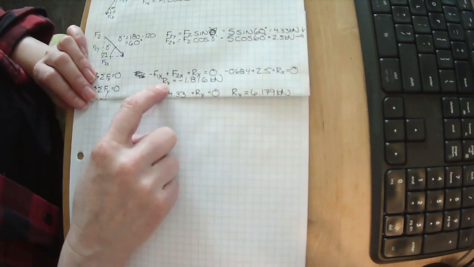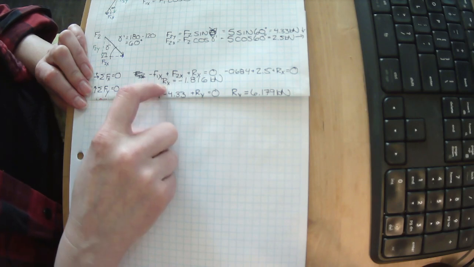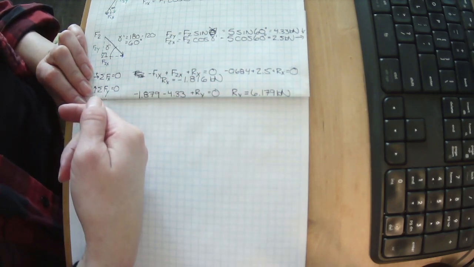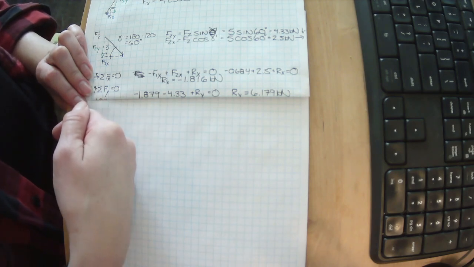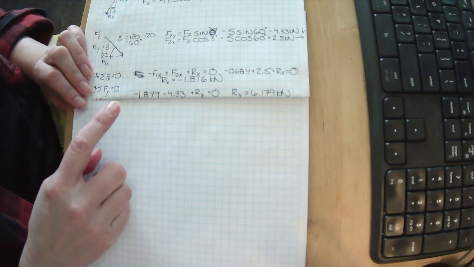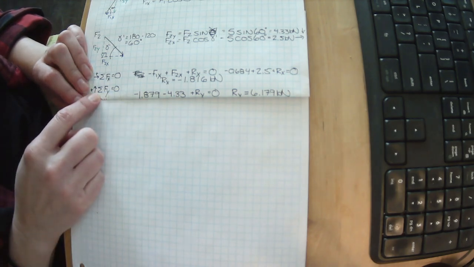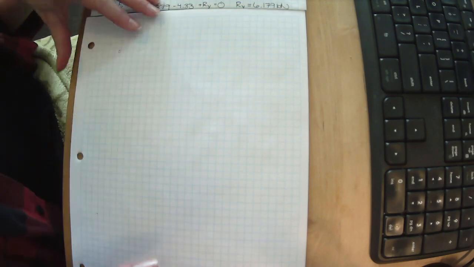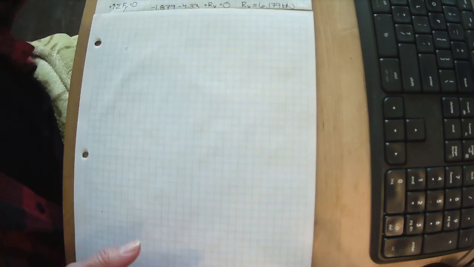We figured out what the x component of the reaction is. We know we need 1.816 kilonewtons pushing in that direction. And then we need 6.179 kilonewtons pushing upwards. So let's draw what that looks like.